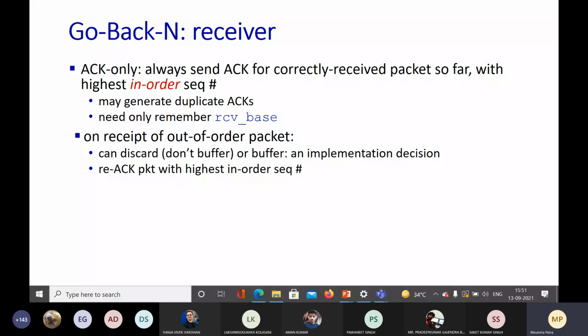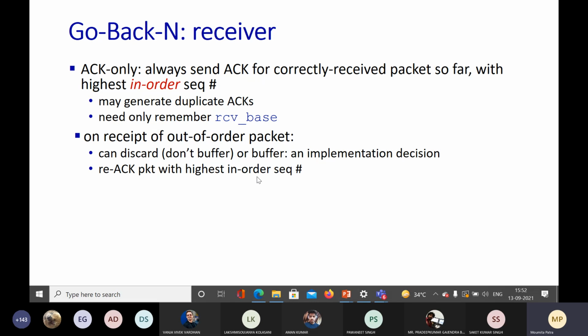That means, of whatever sequence number packets it has received, the one having the highest sequence number in order is the one it will send as the sequence number in the acknowledgement. So this may result in duplicate acknowledgements, of course. The receiver will also need to remember the base sequence number that it had to receive.